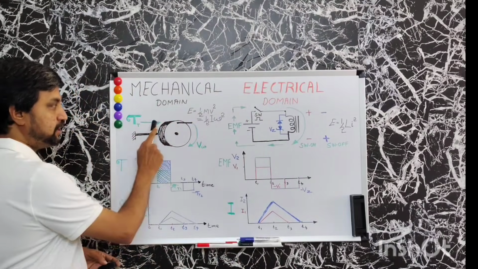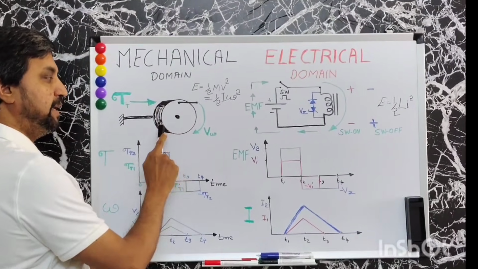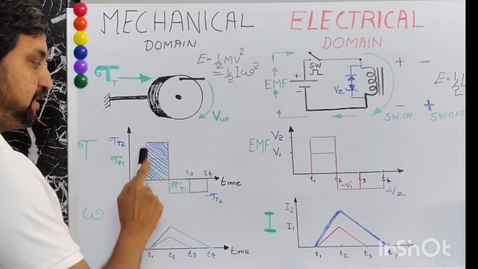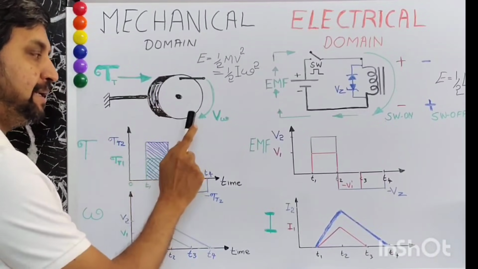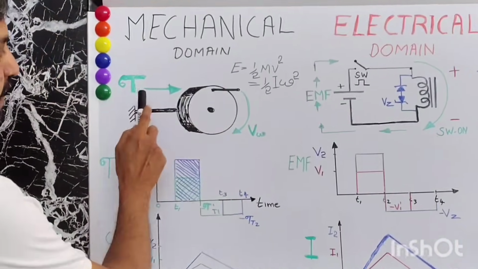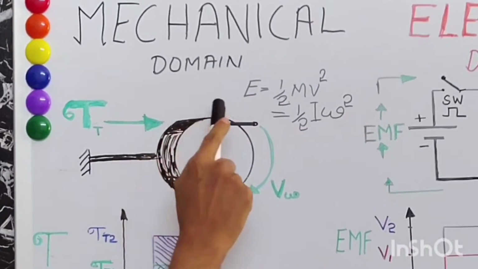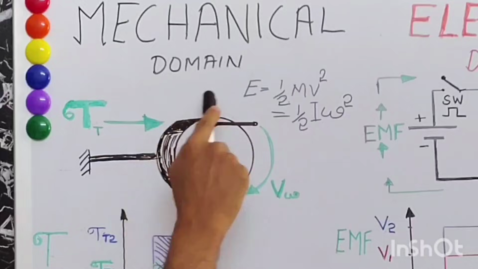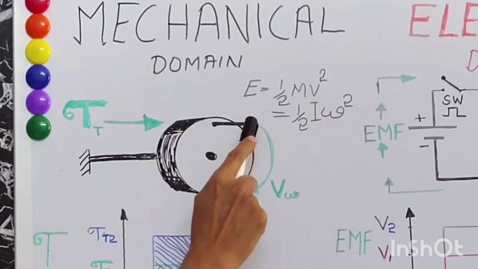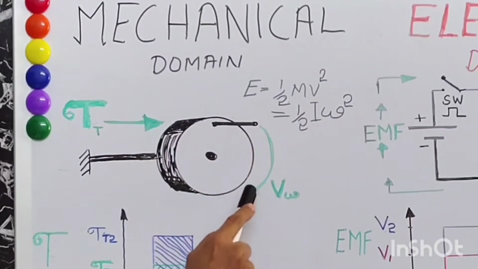Let's give a tangential force onto this inertia device, a step stimulus, and check what's going to happen. Once you give a tangential force, you can see that the inertia wheel starts rotating and develops an angular velocity.